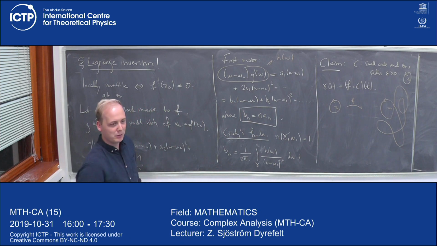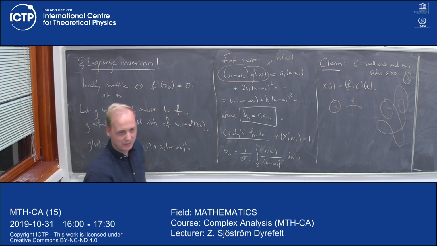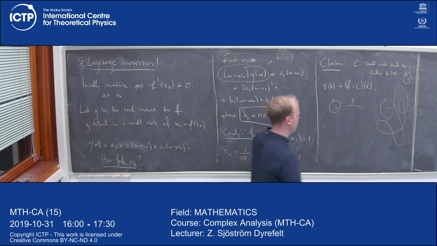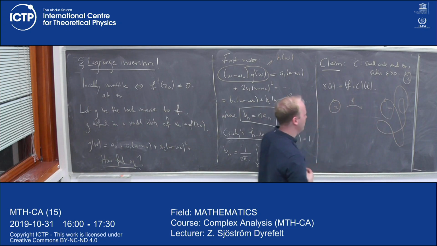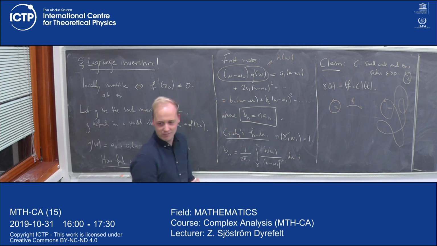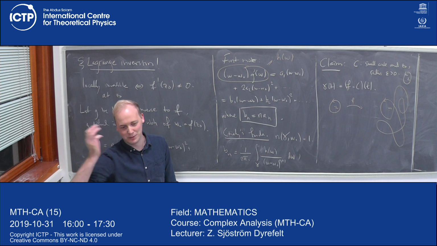But there is something that you can see in this picture that I tried to get into the picture deliberately. There is something that is preserved here. What is the winding number around w0? It is 1. And is this an accident? Of course it's not.